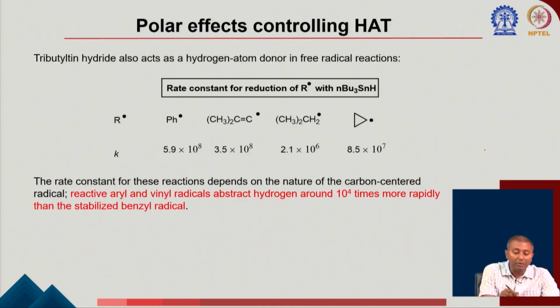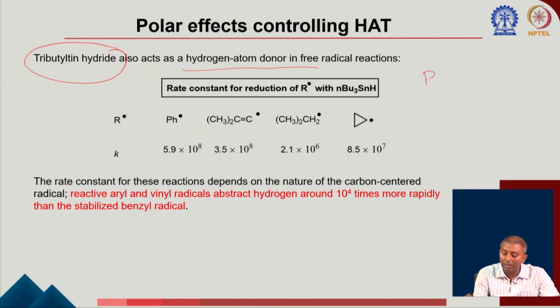Another example is tributyltin hydride. We have learned that tributyltin hydride is very much used as a hydrogen atom donor. Now you can see the difference for the reaction where you are converting the corresponding R dot plus Bu3SnH, forming RH and Bu3Sn dot.